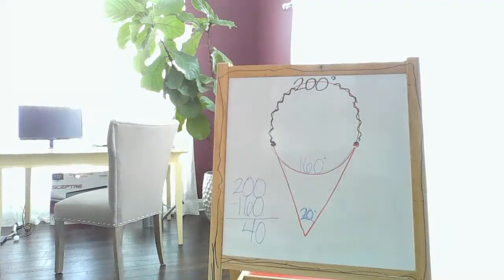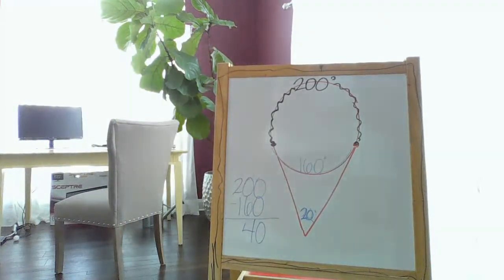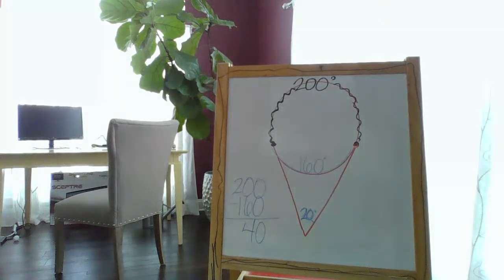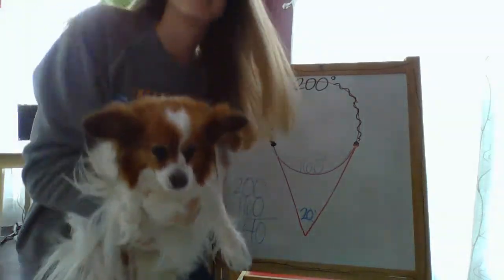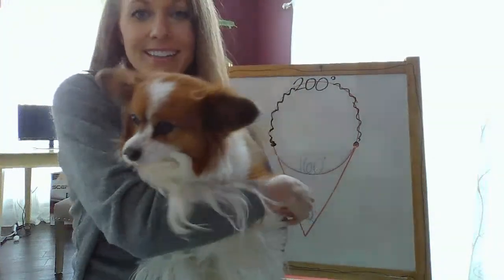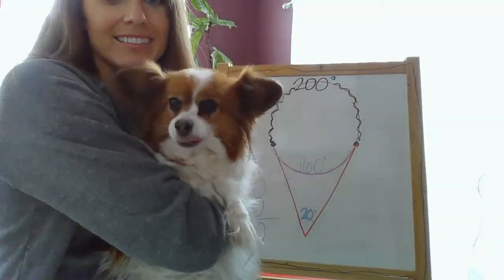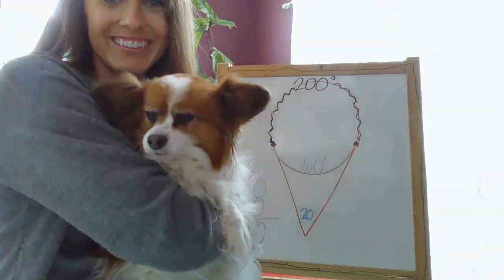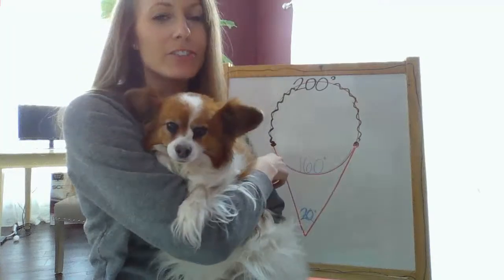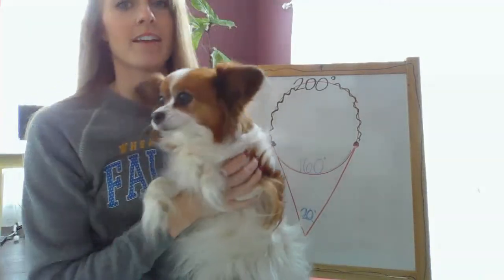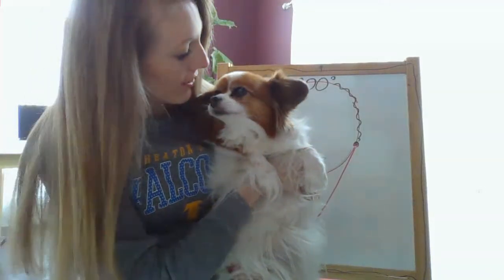I'll get her. Here's Sophie. She's like, I don't like this. Please put me down. She's kind of old. I think she's 11 or 12 now. And she really likes food.